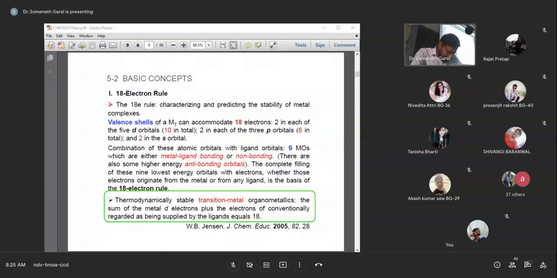Yeah, noble gas configuration. In case of molecular orbitals, when the molecular orbitals are involved, how do you explain it?